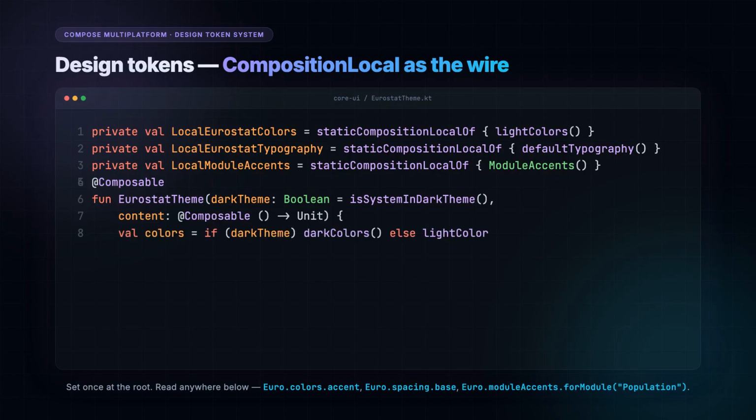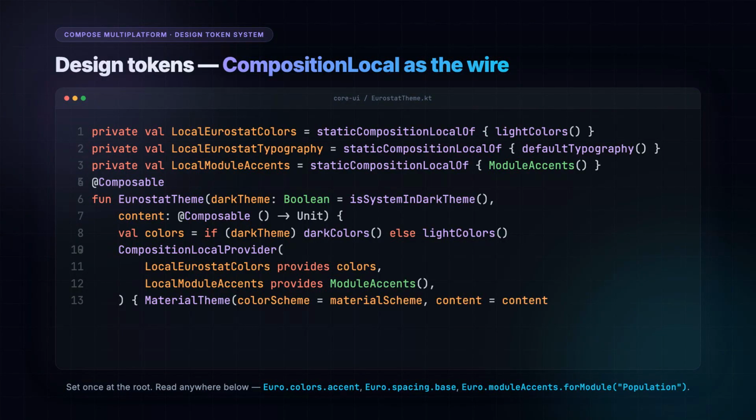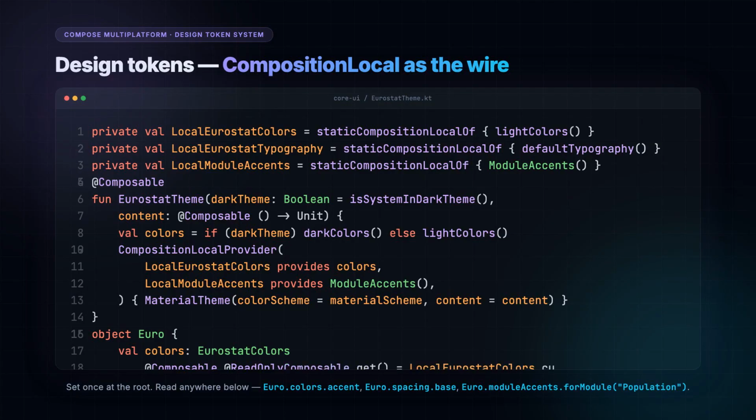Primary becomes our accent, background becomes our paper, surface becomes paper alt. This is important. We keep material theme underneath so that material components like text fields, snackbar host, and dialog surfaces pick up our palette automatically. We do not replace material, we sit on top of it.